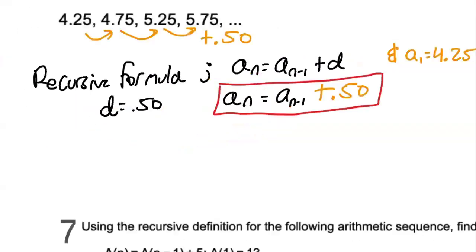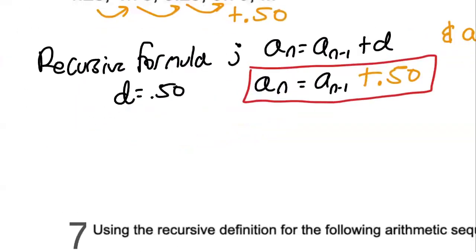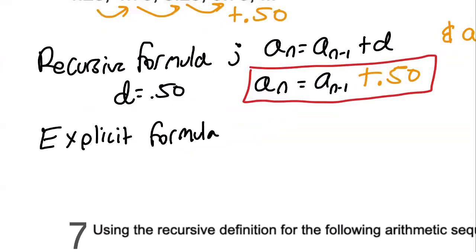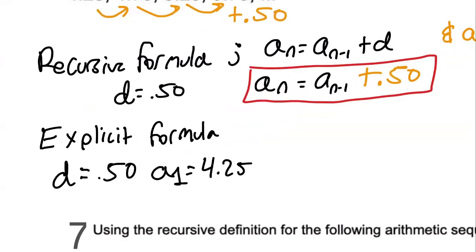Okay, so let's do the explicit formula next. Now the explicit formula requires the common difference and the first term, which is 425.